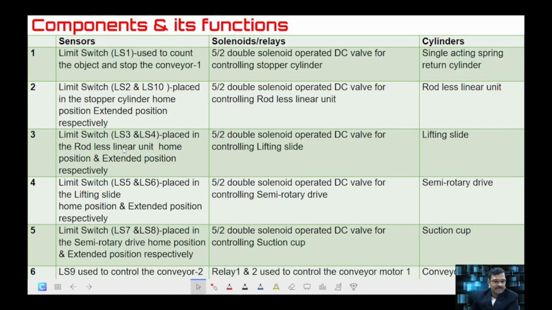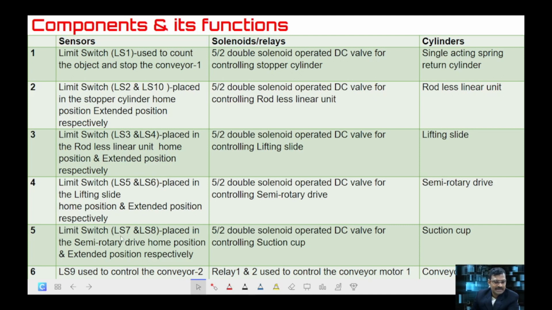Similarly, we have LS3 and LS4 placed on the rodless linear unit, for home position and extended position respectively. LS5 and LS6 are placed on the lifting slide unit, which has vertical movement. Again, these sensors are at the home position and extended position respectively.